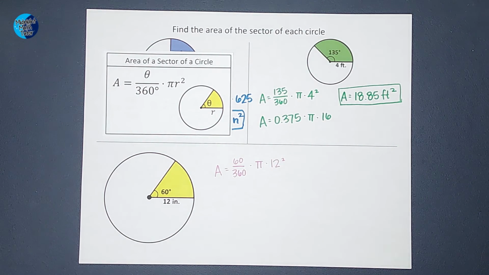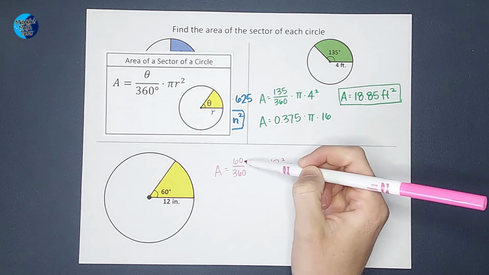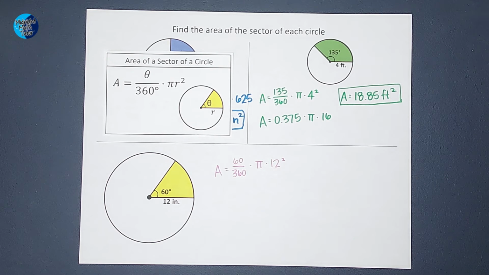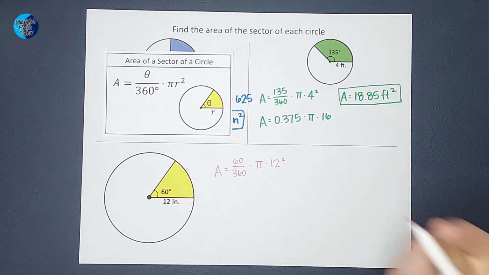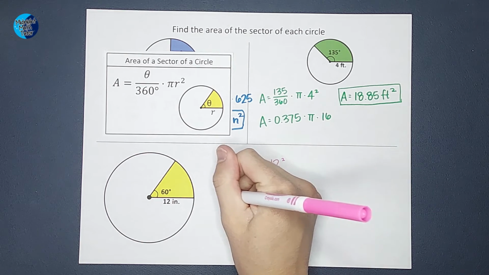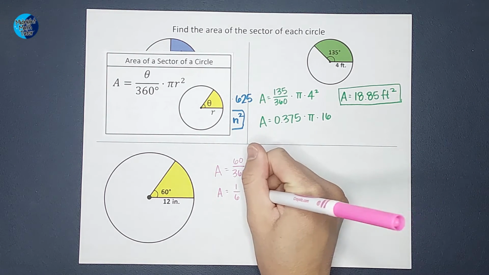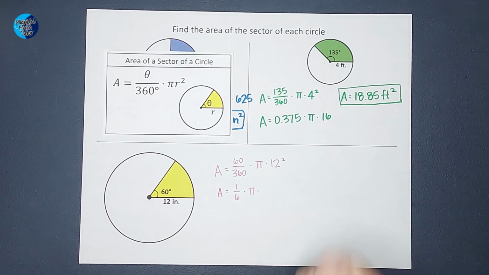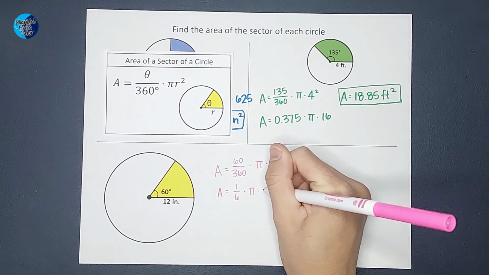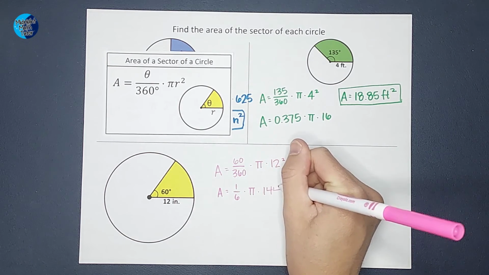Now, when I simplify 60 over 360, you could get the decimal if you want. Oh, but actually it's going to be a repeating decimal, so that would be annoying. It's going to simplify down to 1/6. Times pi times 12 squared, which is 144.